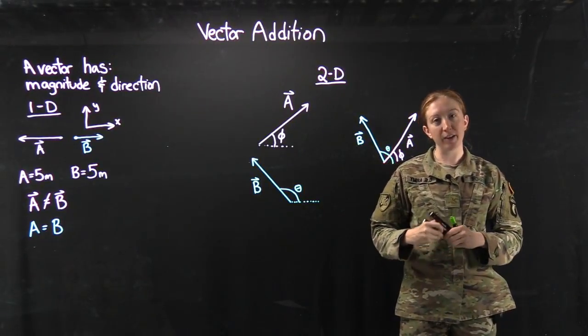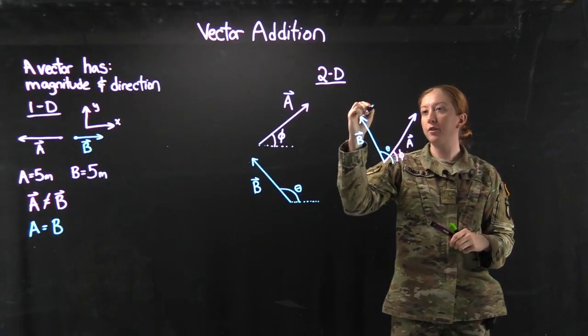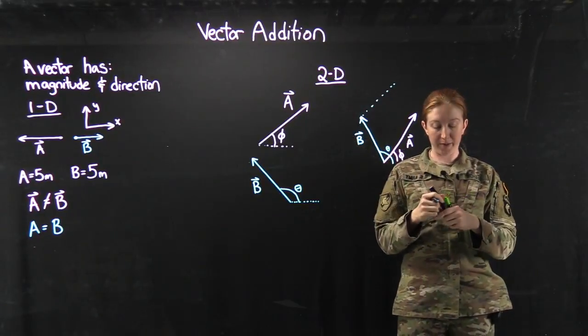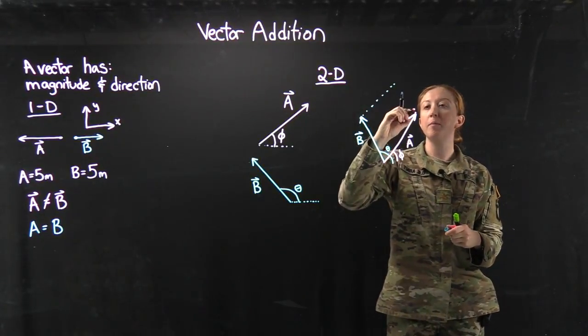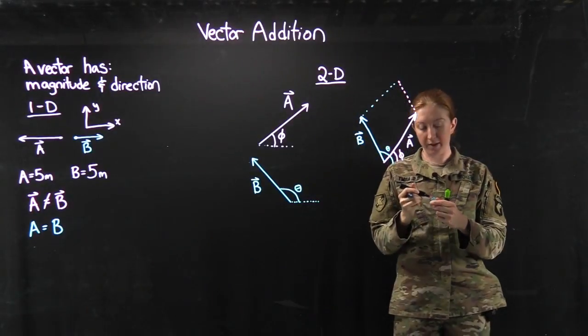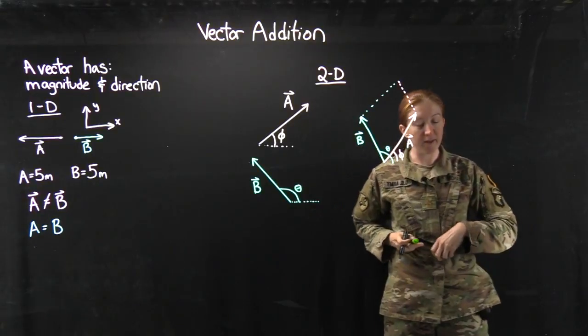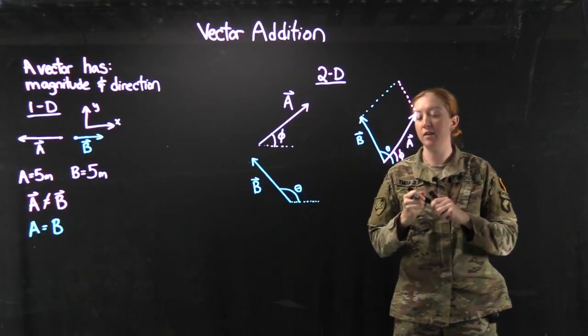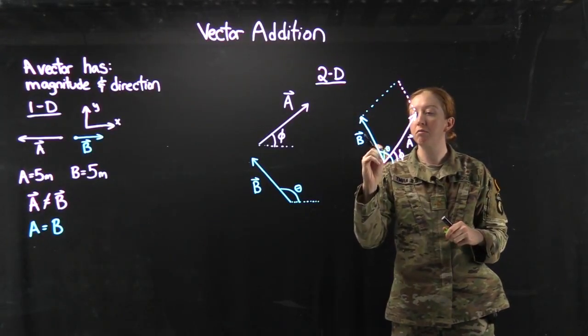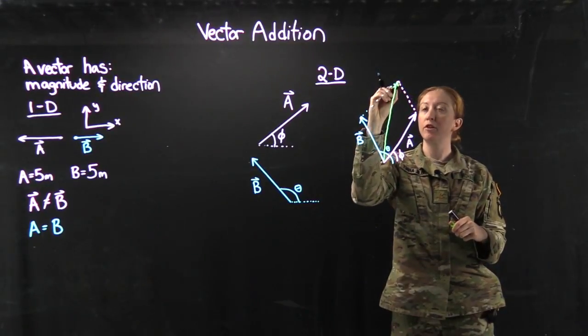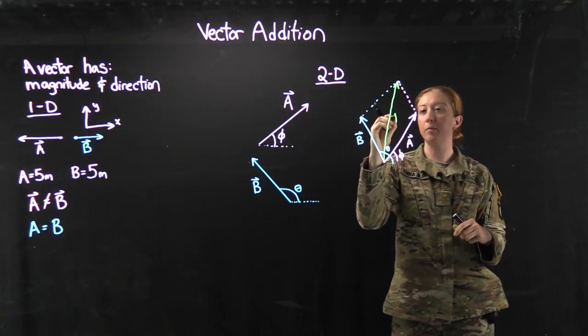Now when we're doing the parallelogram rule, we'll just inscribe a parallelogram here by extending both of the ends of those vectors out until they meet, and drawing a third vector, or the resultant vector, from the origin to the end of that parallelogram.